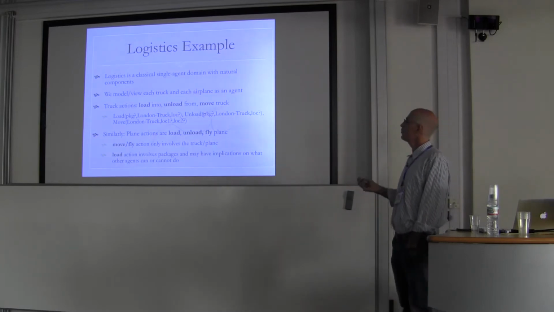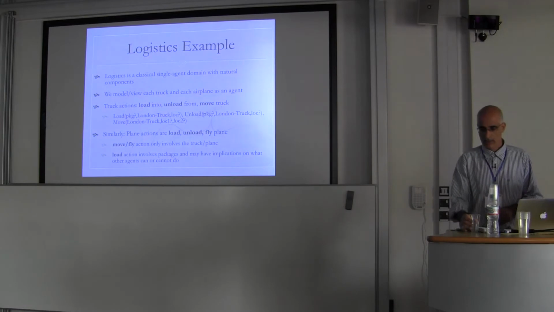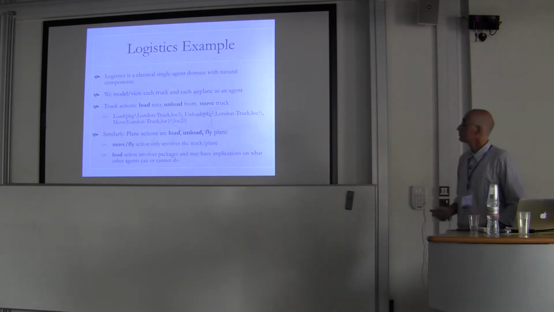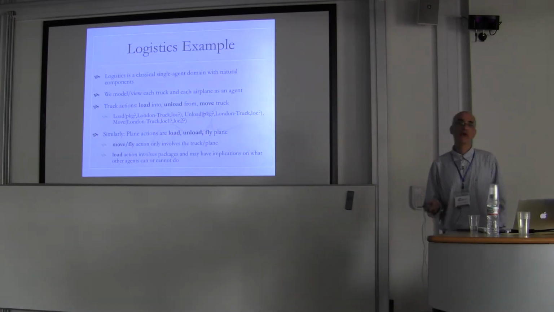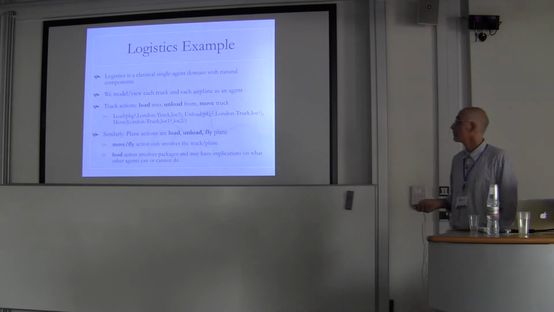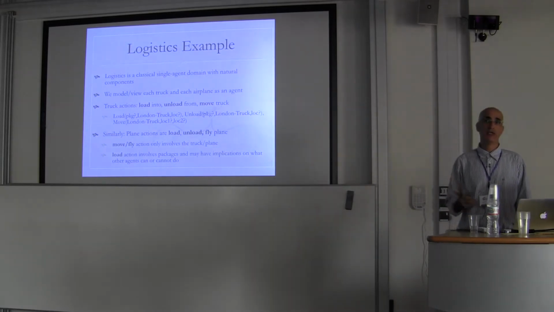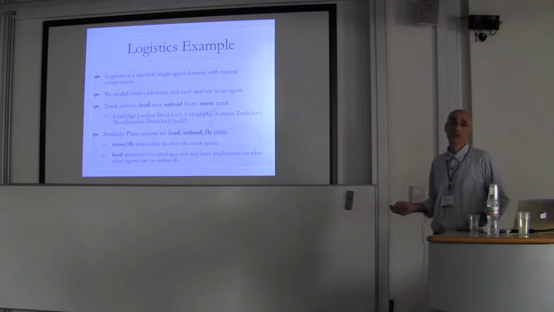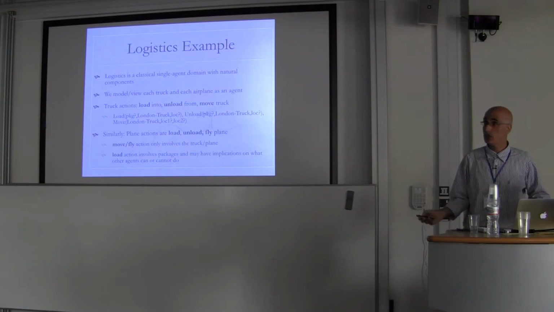So, I'm going to use logistics planning as an example. Let's look at it. It's a classical single agent domain, but it has natural components that can be thought of as agents. So we're going to model each truck and each plane as an agent. And what are the actions of each of the agents?